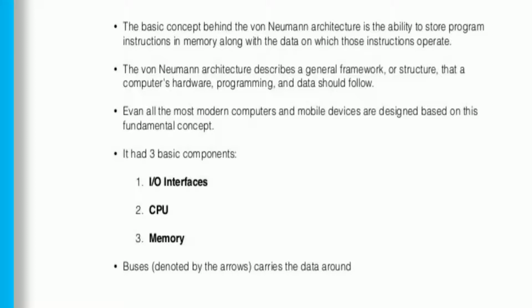There is communication from the input, and then we get the output on the output devices. This process is called the I/O interface. Next is the central processing unit. I already said the central processing unit, CPU, contains three parts: the control logic, the arithmetic logic unit, and registers, which are components inside the central processing unit. And the last one is the memory. These three components would be there in this architecture.